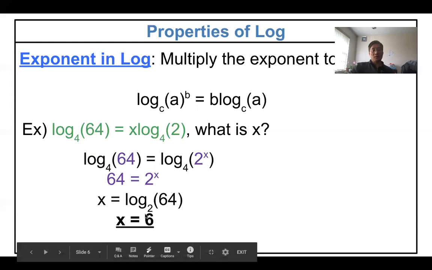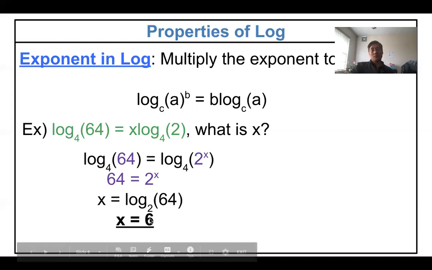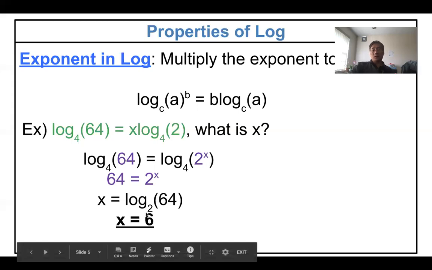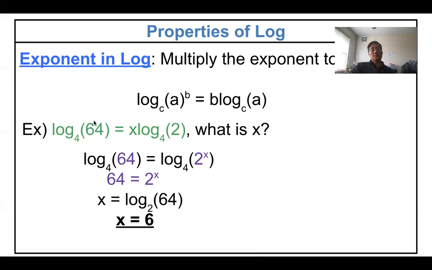So x is equal to 6. Everybody understand? You can do this another way if you want to. If you know the prime factorization of 64 is 2 to the 6th power, then the 6 moves over here, so x is 6. That way, if you want, you can do it.